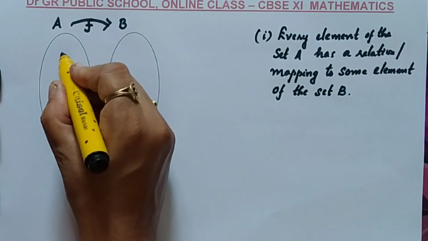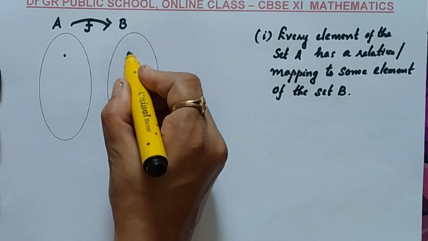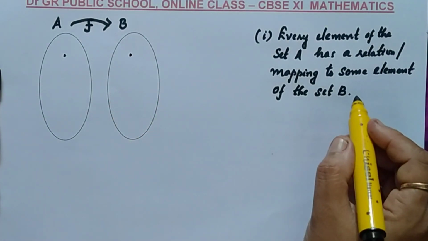Every element of the set A has a relation with some element of the set B.